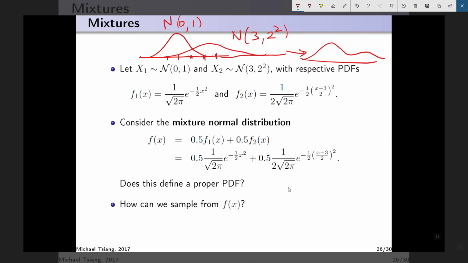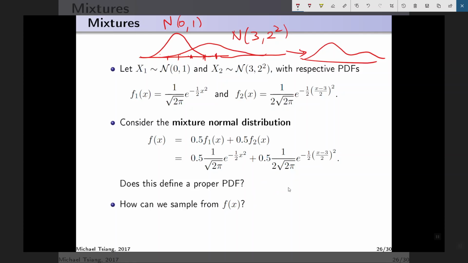Is it coming from the standard normal 0, 1, or the other normal 3, 2 squared? You sample from the uniform 0 to 1, and if it's less than 0.5, it comes from the first distribution. If it's greater than 0.5, it comes from the second. And if you had a different mixing proportion, like 90% standard normal and 10% other normal, you can just use the uniform there, with the cutoff being 0.9 this time.